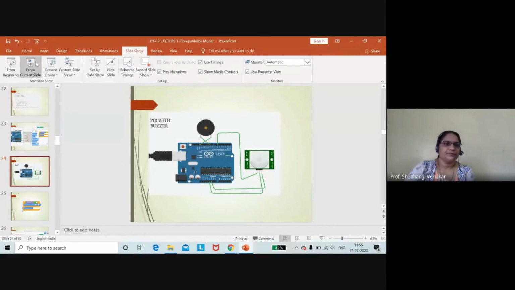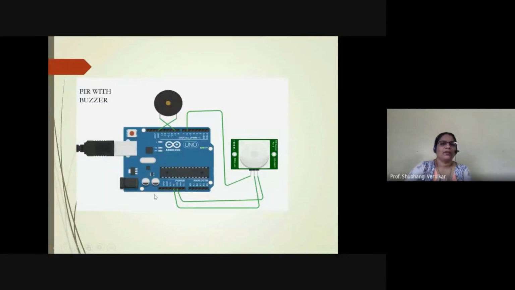As I told you, at the end you people will be able to design circuits where you connect a sensor and a buzzer will ring. So an application of this circuit is a touchless doorbell. With this application, if somebody is standing in front of your door, there is no need to press your doorbell.